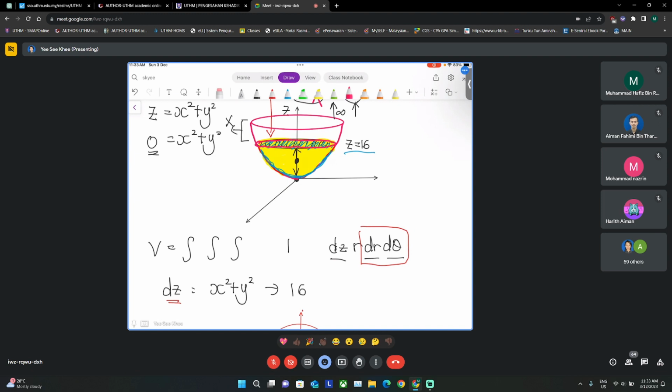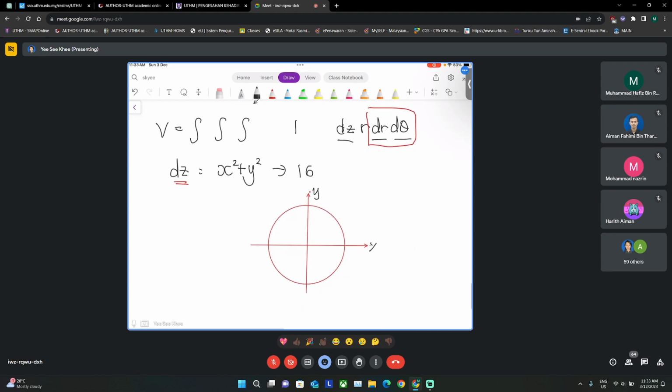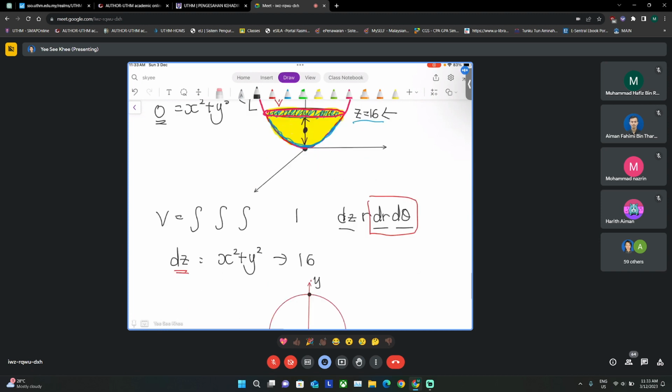So see this circle here. What's the radius of this circle? Any idea? How to find the radius of this circle? This circle is located at the position z equals 16.